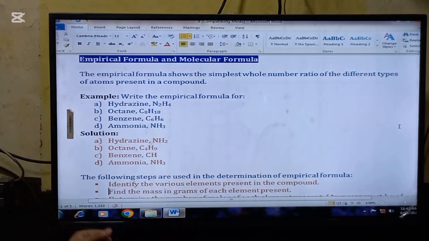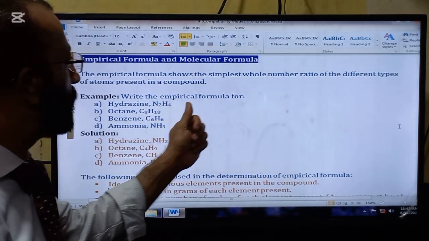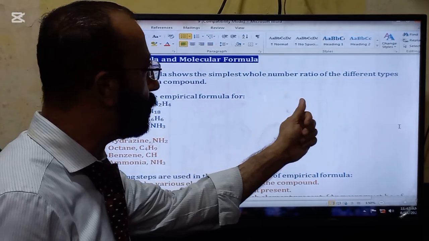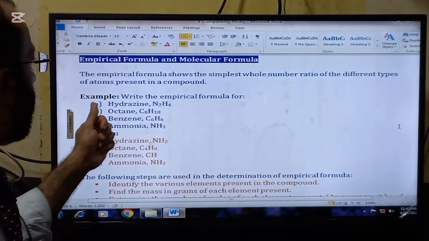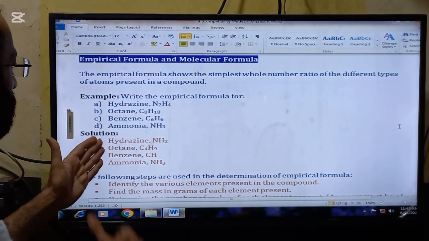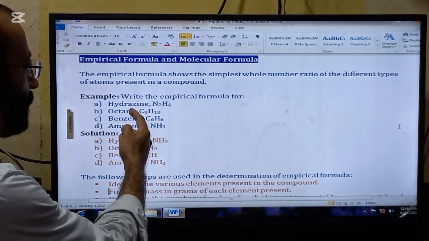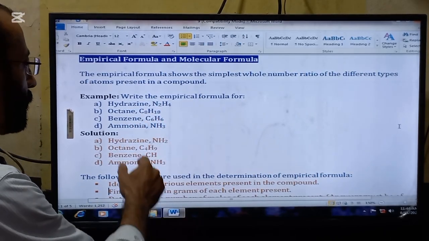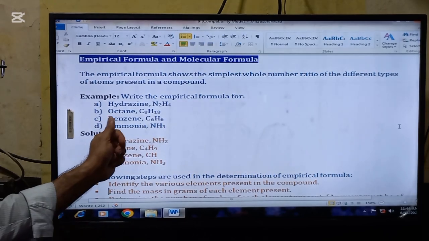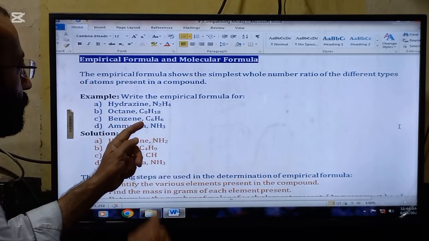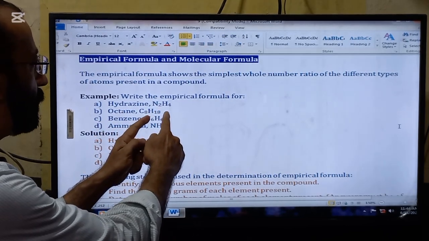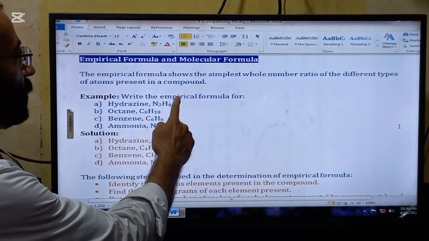First, the empirical formula. The empirical formula shows the simplest whole number ratio of the different types of atoms present in a compound. For example, here are four compounds given, and the requirement is to write the empirical formula for each. The first formula is of hydrazine, N2H4.